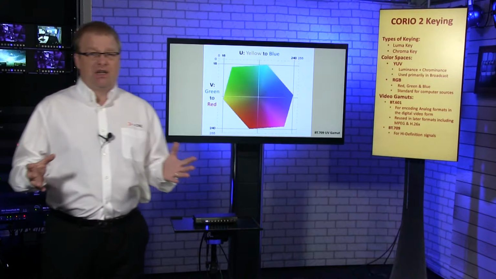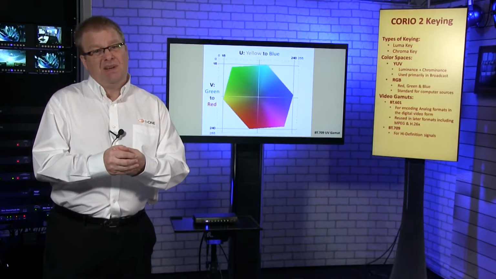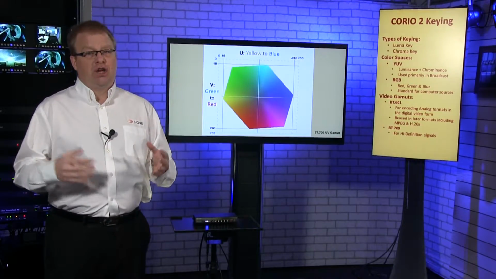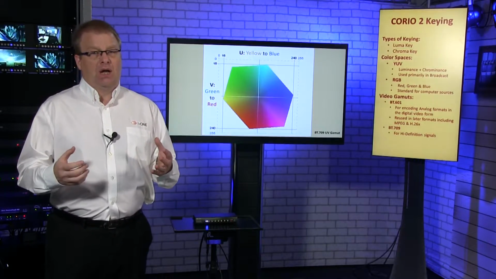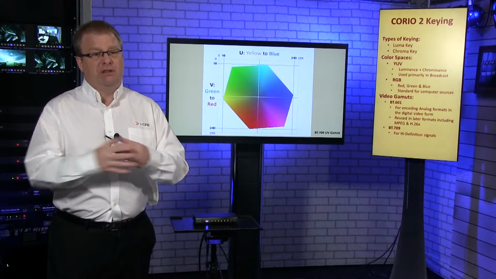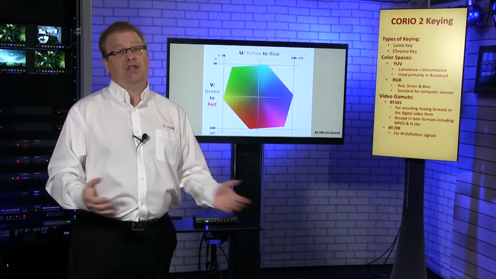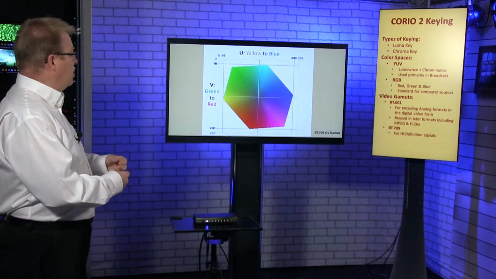So you need to know the BT709 is for HD images. There's also BT601, generally for standard definition images, but it's also used sometimes in encoding formats as well. I'm going to be using BT709 because I'm coming from an HDMI source, a high resolution source. In fact, I've got a couple of HDMI sources coming into my unit today.